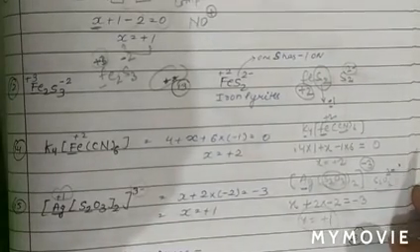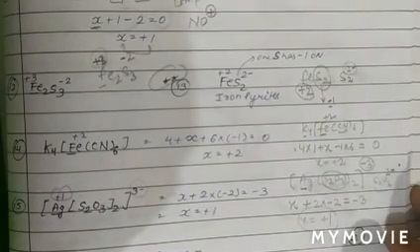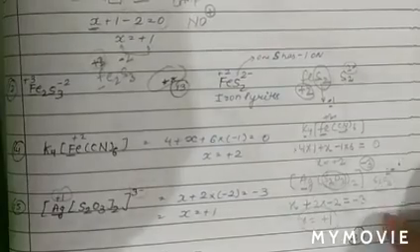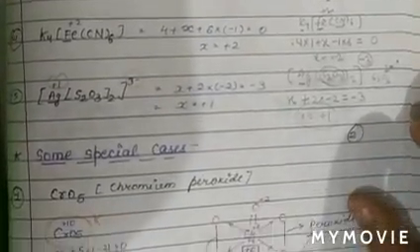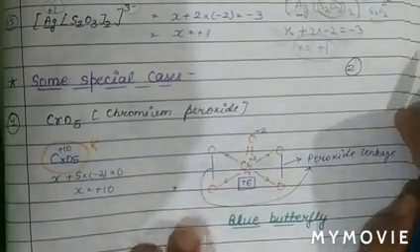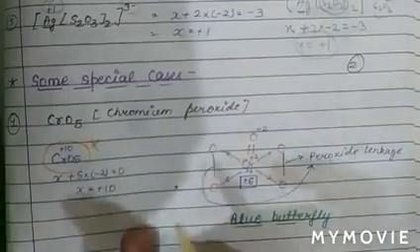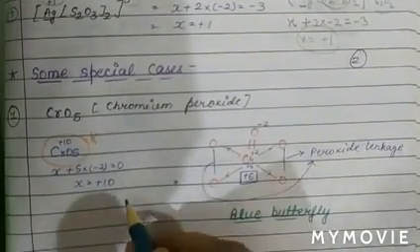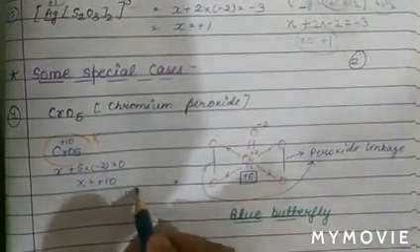Now we will discuss some special cases to find the oxidation number. See the first case. The first case is basically chromium peroxide, CrO5.